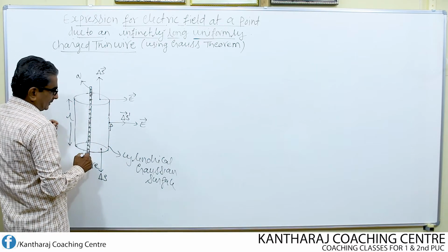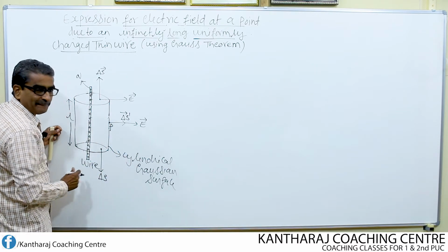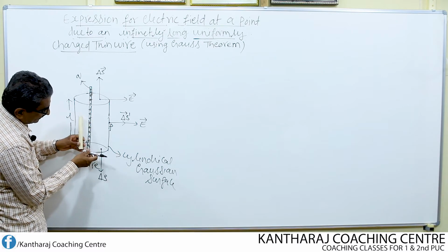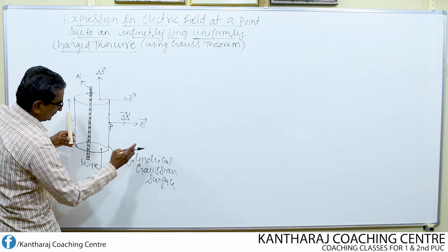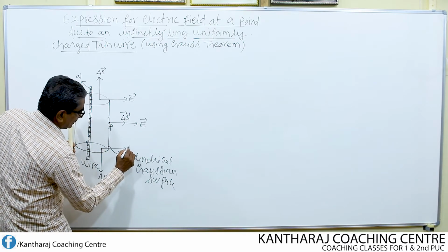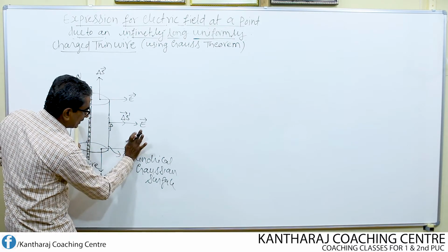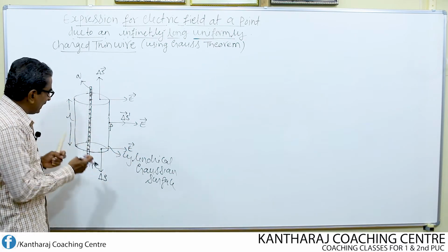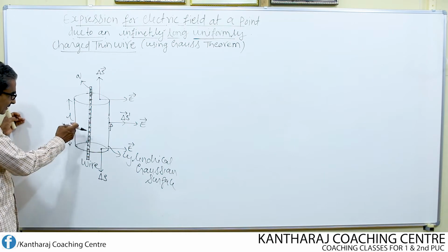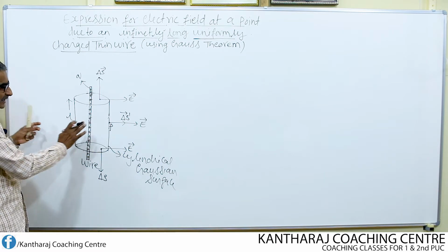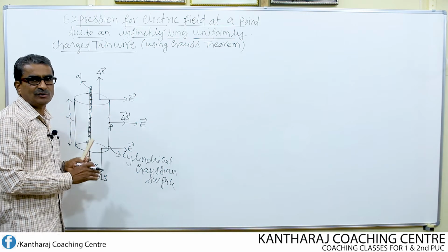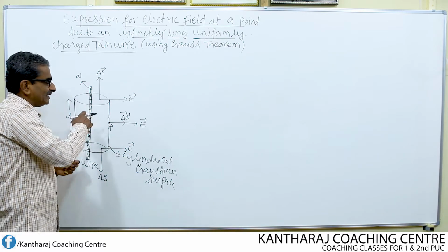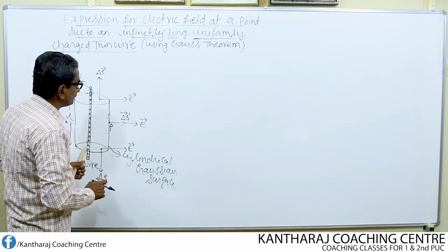Then once again let us draw the electric field direction at the bottom of the Gaussian surface. It is like this. So this is nothing but the direction of electric field. Similarly, I can draw the electric field even on this side also. But if I choose only one side, that is sufficient. No need to draw or mention the electric field elsewhere on the Gaussian surface.